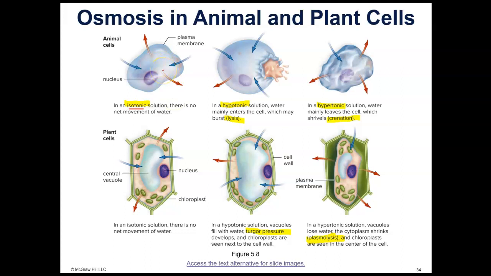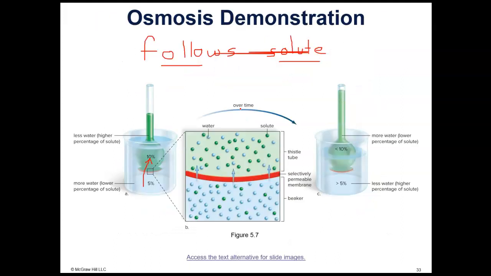So an isotonic solution is a solution that has an equal concentration of solute as what's inside the cell, as the cytoplasm. In a hypotonic solution, that means the solution has a lower solute concentration than inside the cell. So for example, in this beaker, the beaker had a 5% concentration of solute, which was lower than the concentration in the thistle tube, which represents a cell.